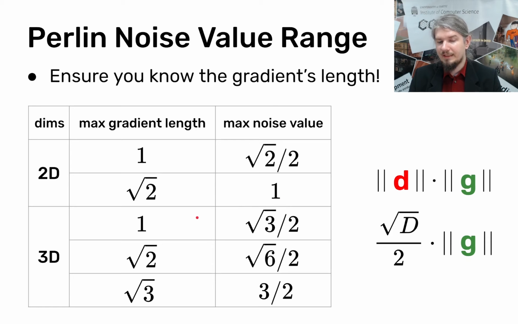However, if we have 3D noise, then with different gradient lengths, 1, square root of 2 or square root of 3, we are getting different numbers here. So when you're looking to normalize your Perlin noise into the range from, let's say, 0 to 1 or minus 1 to 1, then you should first find out what is going to be your gradient length, and from that you can calculate what is the maximum noise value, and then you can scale it accordingly.